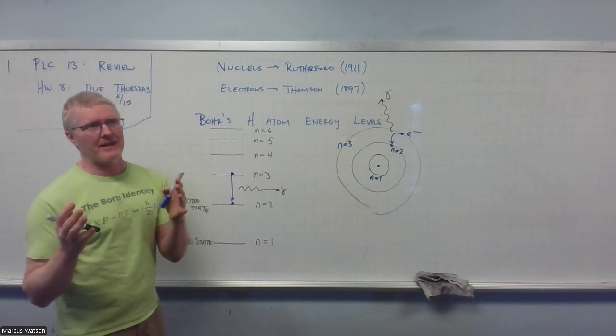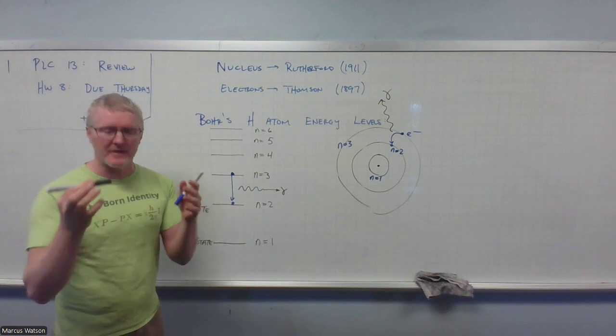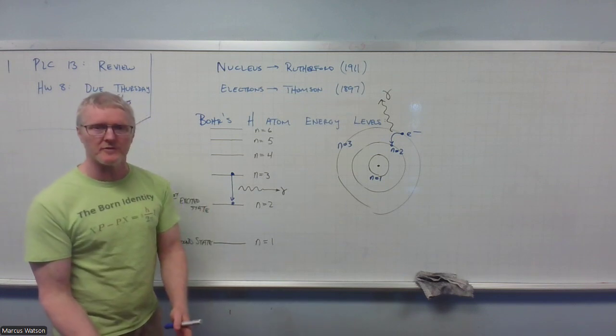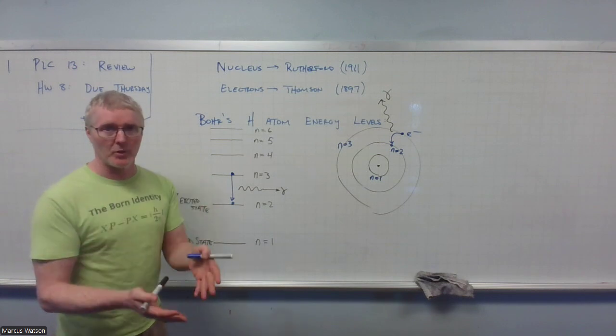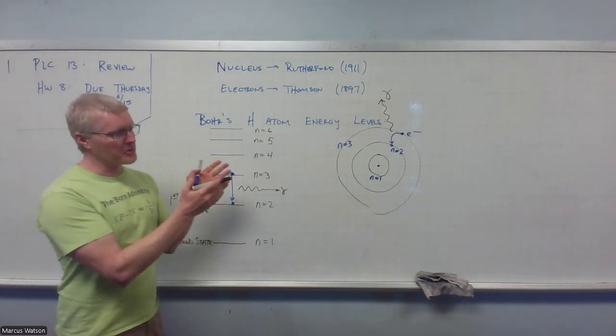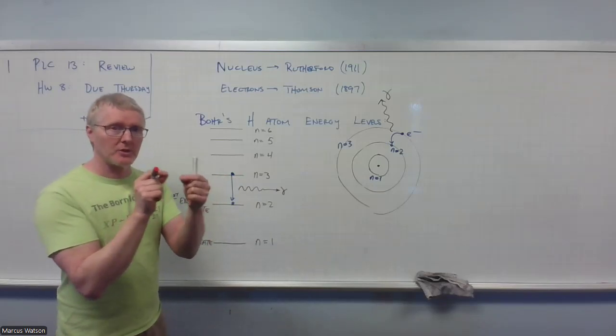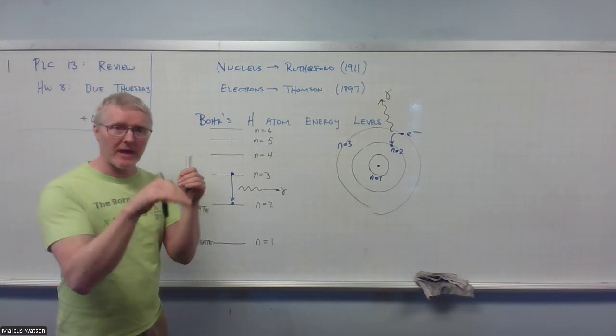The thinking behind that is the same exact idea as why do things go towards Earth's surface? Because that is where they have lower energy. Okay, so the electric charges which attract each other are going to want to get closer and closer and closer. That makes their energy go down, down, down, down.